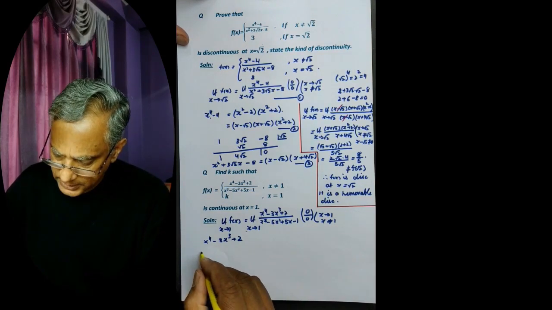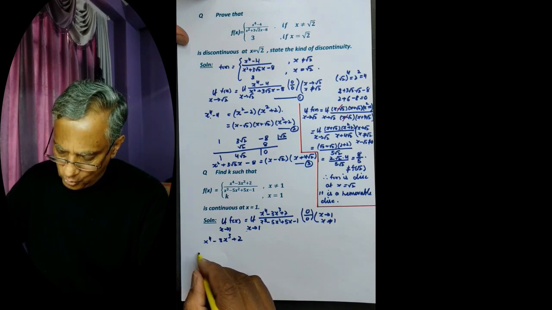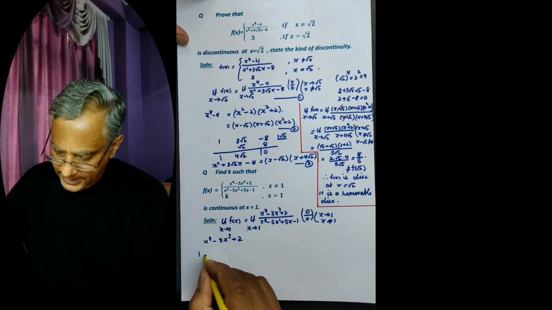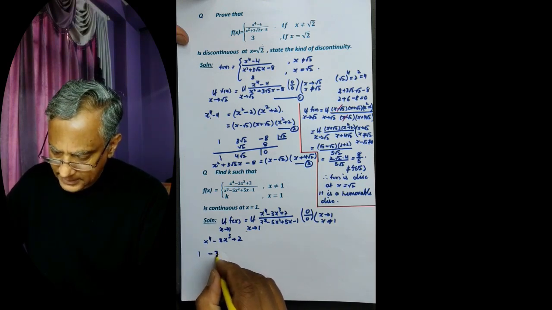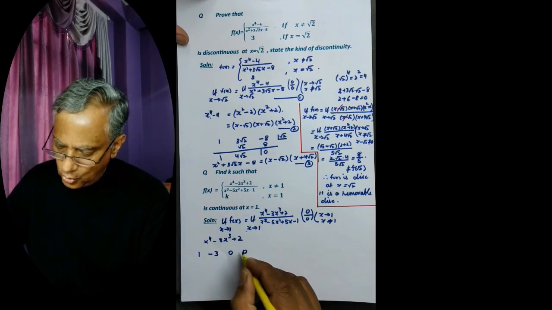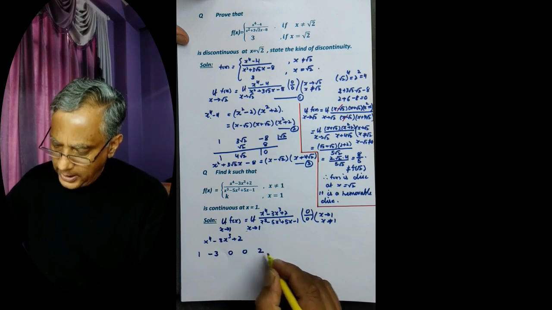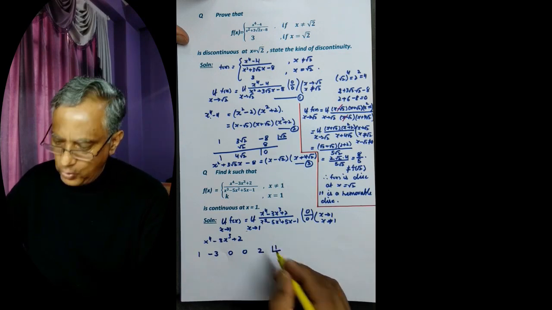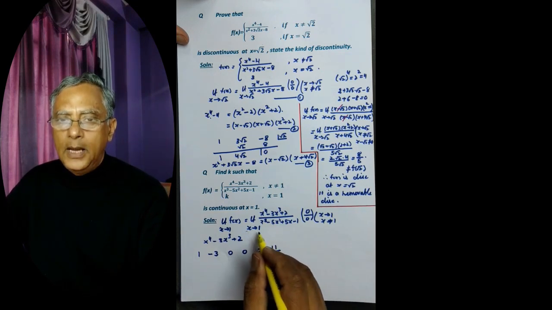What we do is we write the coefficients. First coefficient of x^4 is 1, x^3 is minus 3, x^2 is 0, x is 0. Constant is 2 and divisor is 1. x minus 1 has to be the factor.